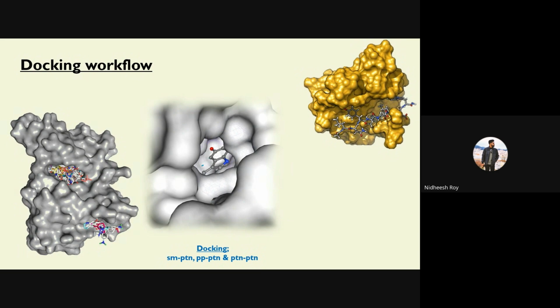The second type is peptide-protein docking, where peptides are larger and more flexible than small molecules, which makes docking more challenging. Peptide-protein docking is often used to study signal motifs, inhibitory peptides, and short protein fragments involved in regulation. Because of increased flexibility, specialized algorithms and careful interpretation are required.